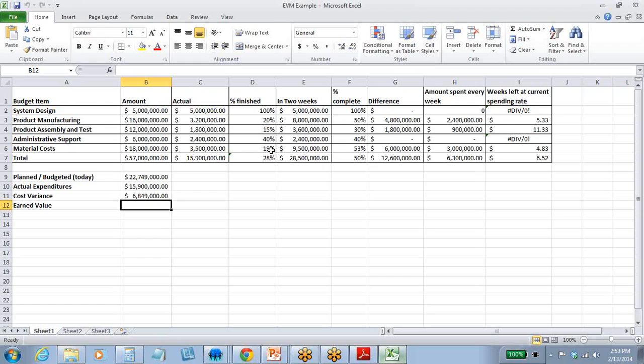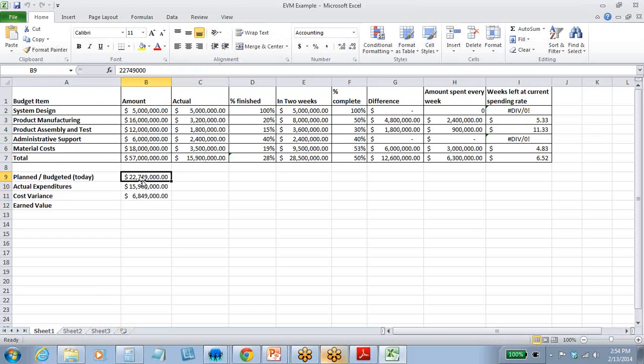Where the 22,749 comes from and how it all fits together. There was a lot of feedback, sorry. He's wondering where the 22,749,000 actual expenditures to date came from, and how you used that to calculate your actual expenditures. The actual expenditures were these right here.